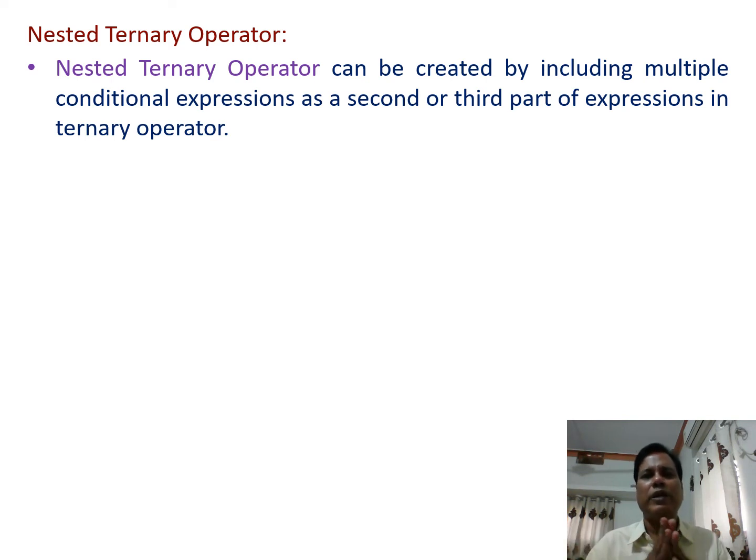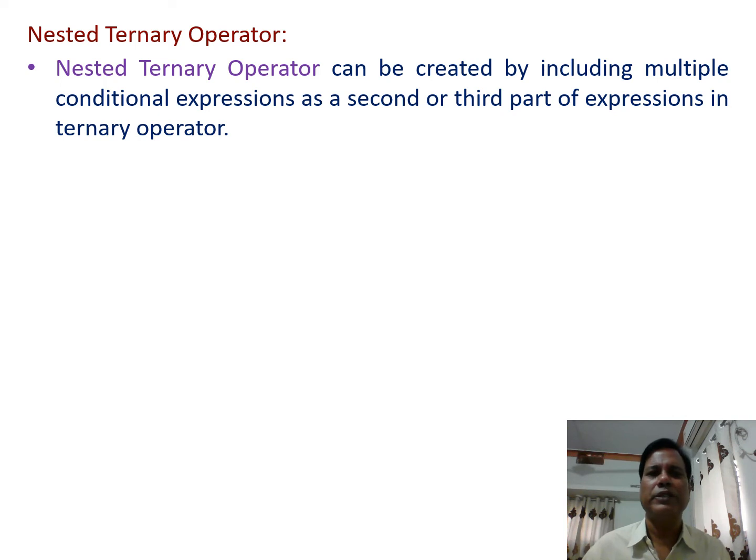In the case of the if else statement, if we include another if else statement in the if block, it becomes a nested if else statement. In a similar way, in a nested ternary operator, if in the true part or the false part we include another conditional operator, it becomes a nested ternary operator.